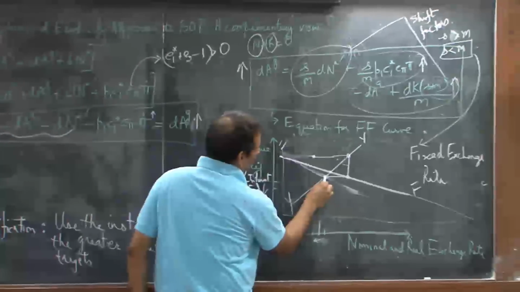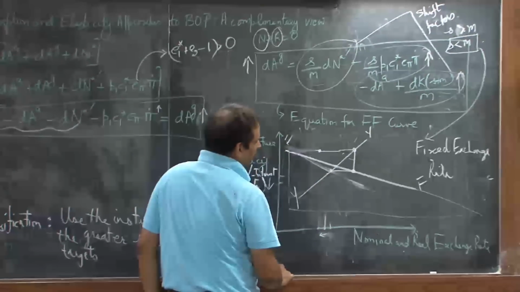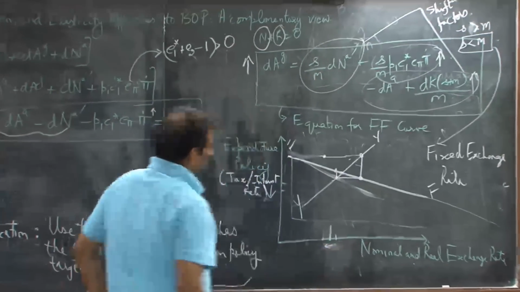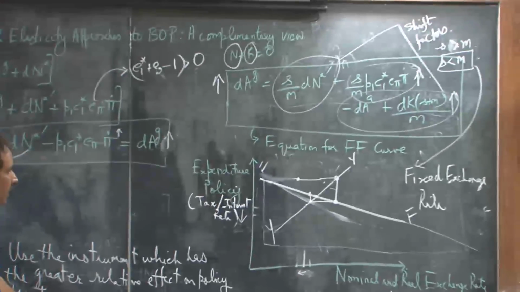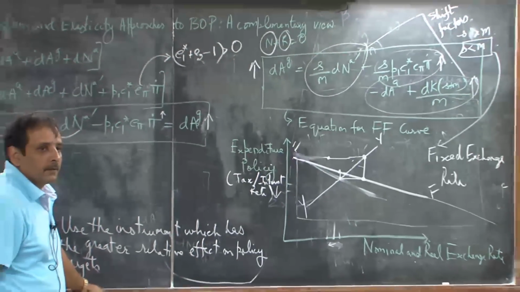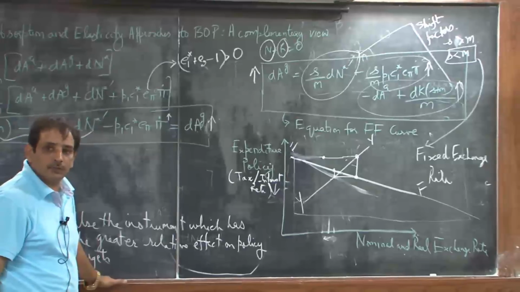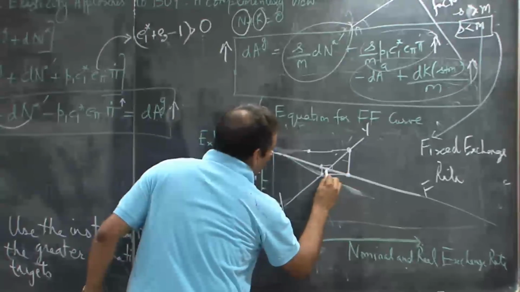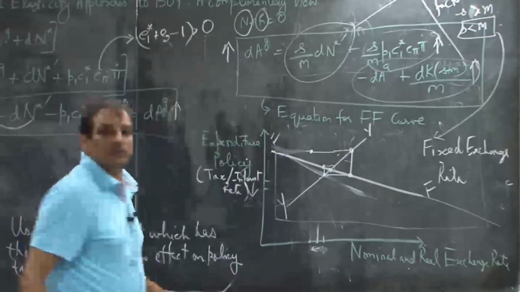You are below the FF curve, you have a deficit. So you increase tax rates, interest rates, reduce incomes, reduce imports, and so it goes on, and then you finally reach here.